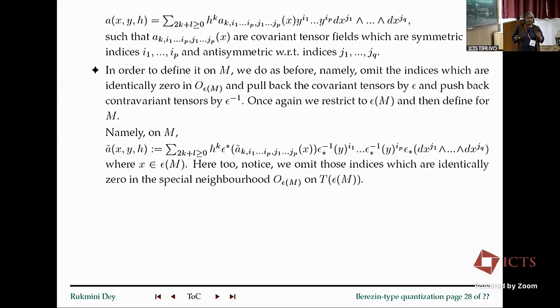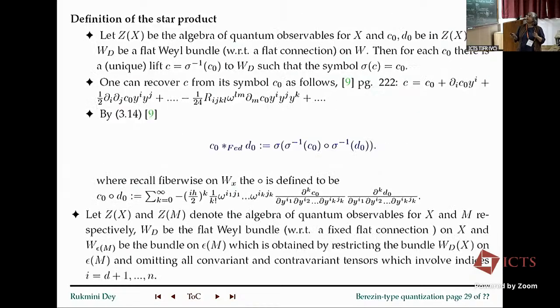Yes, on M itself. So on M itself, I have defined the, yes?